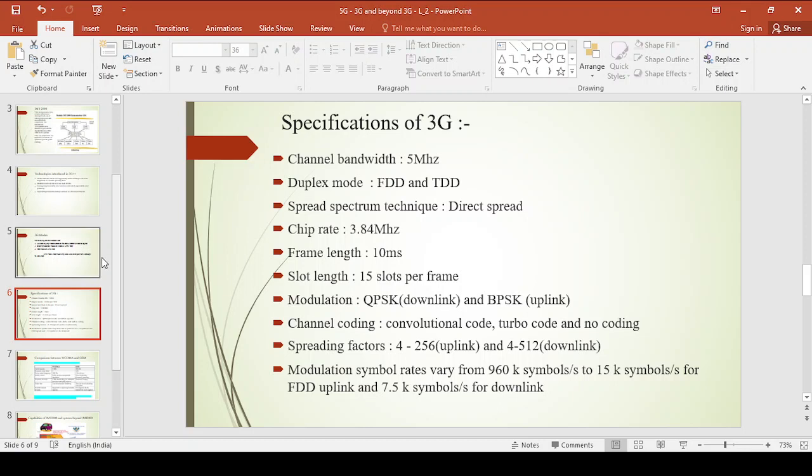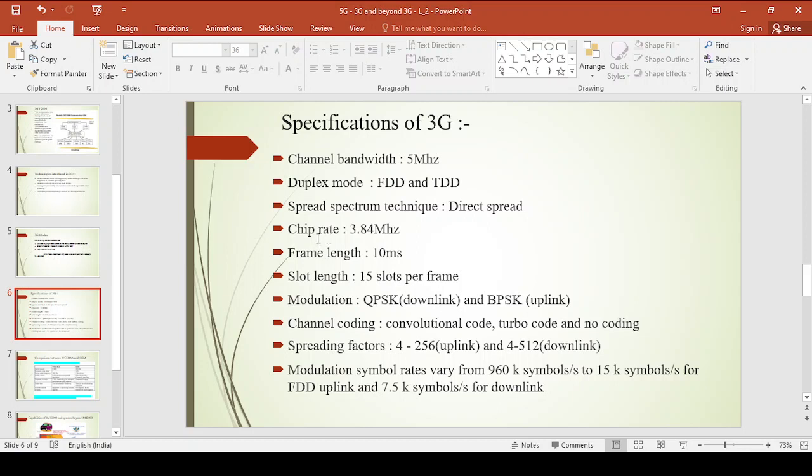Now what is meant by chip rate? A chip is nothing but the pulse you will have. The chip rate is the number of pulses per second at which the code is transmitted or received. Per every second, how many pulses at which the code can be transmitted or received.